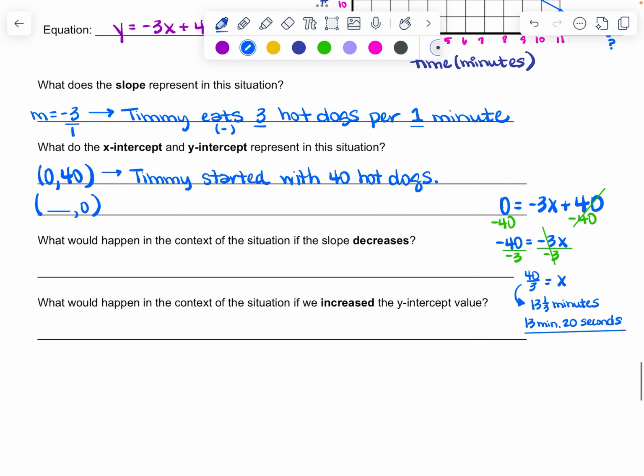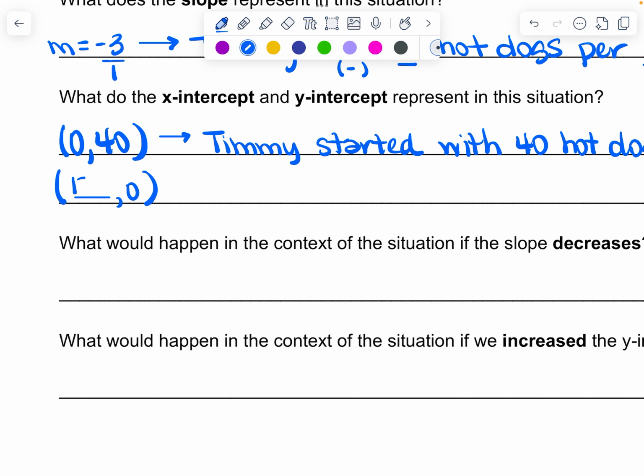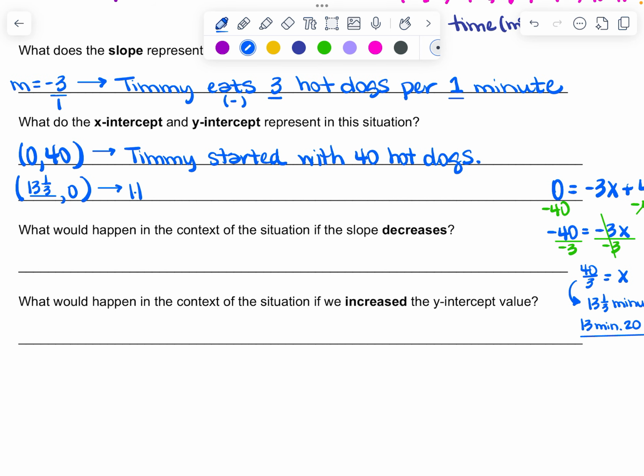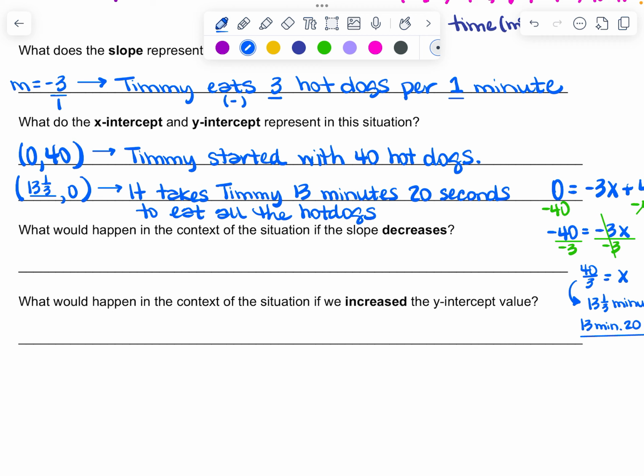So I would actually be okay with any of these responses. I'm going to go ahead and just put 13 and a third. If you want to leave it as 40 thirds, that is great. But I'm just going to write, it takes Timmy 13 minutes, 20 seconds to eat all the hot dogs.